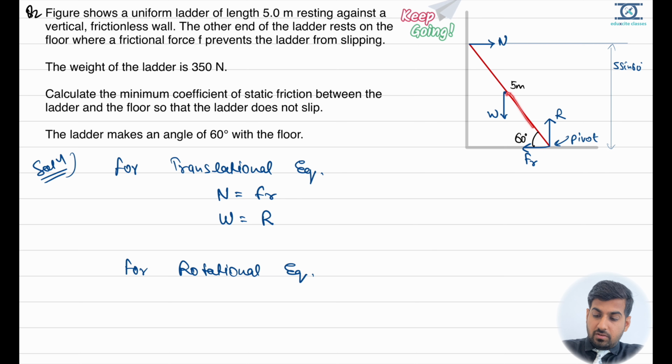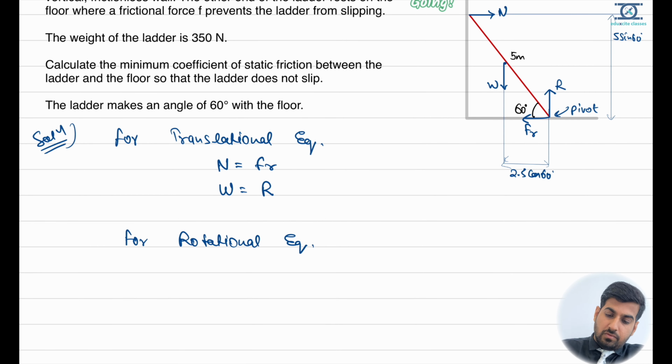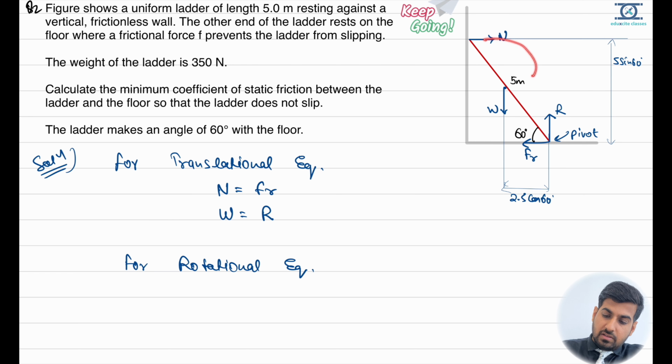So this will be 2.5 and this angle is 60. So this distance will be 2.5 cos 60. So this is the line of action, and this is the pivot point. Now if you look at the forces, this will act as a clockwise moment and this will act as an anti-clockwise moment.